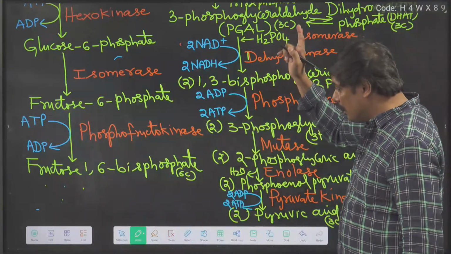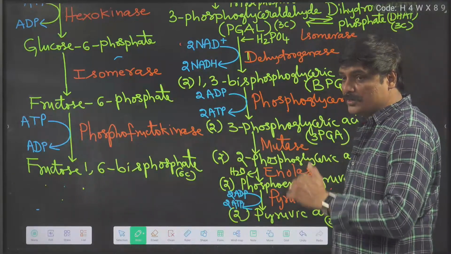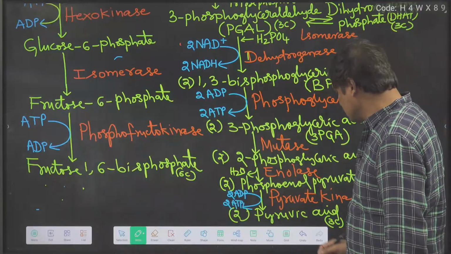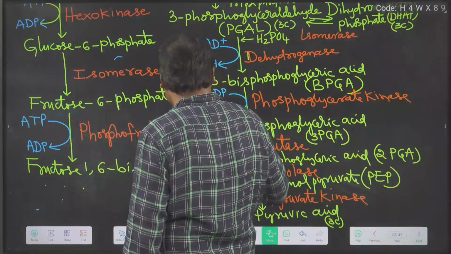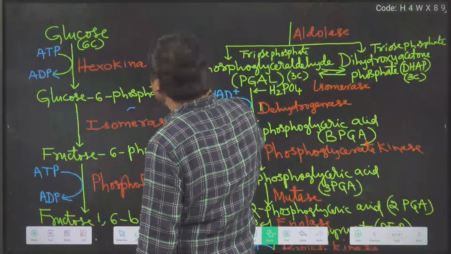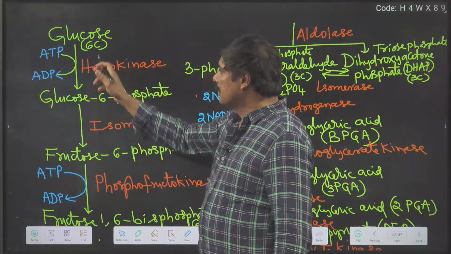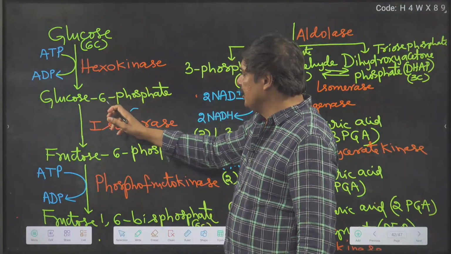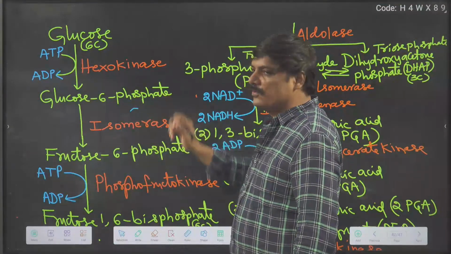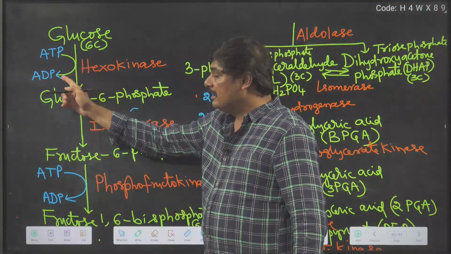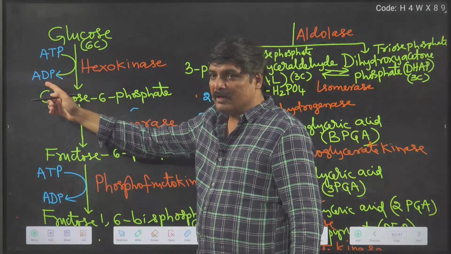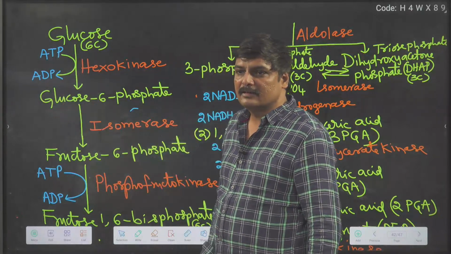I repeat all the steps once again fast. Please focus on this. First, glucose is phosphorylated into glucose 6-phosphate. Here ATP is used so that it becomes ADP.